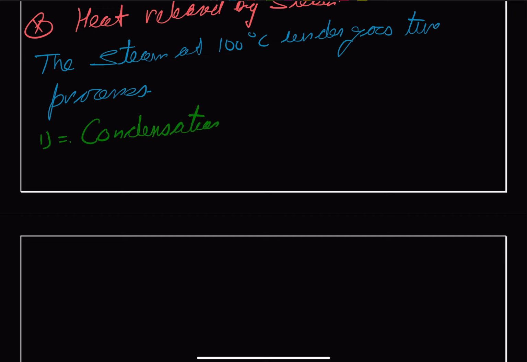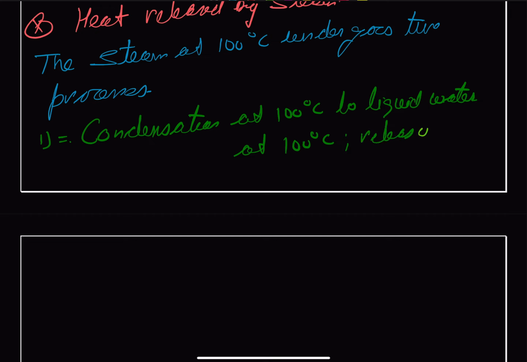Condensation is at 100 degrees centigrade to liquid water at 100 degrees centigrade, and during this process releasing the latent heat of vaporization.